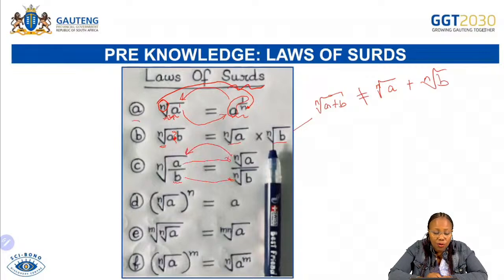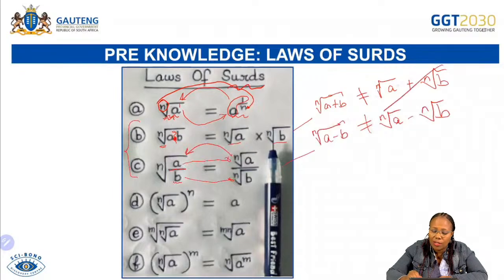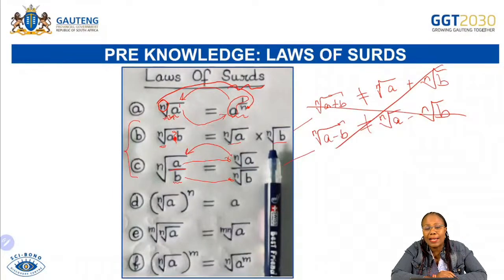But you can only do this when you are multiplying and dividing only. You cannot have the nth root of a minus b and think, grade 12, that you can write this as the nth root of a minus the nth root of b. This is not allowed, grade 12. It's only applicable for multiplication and division.